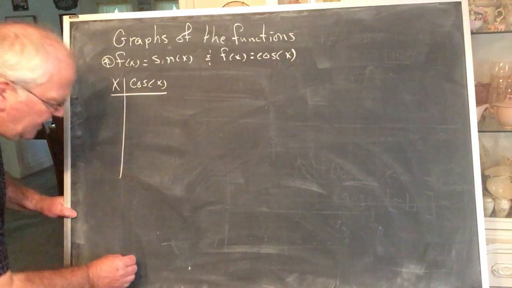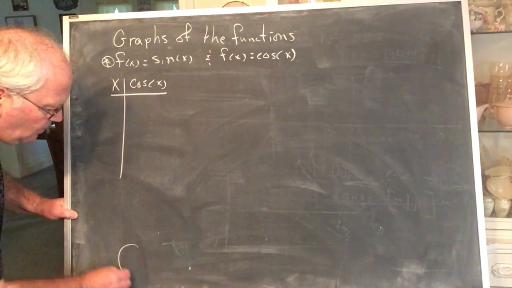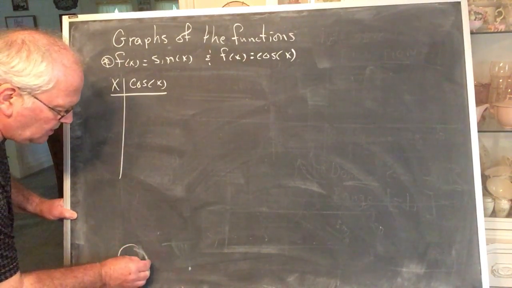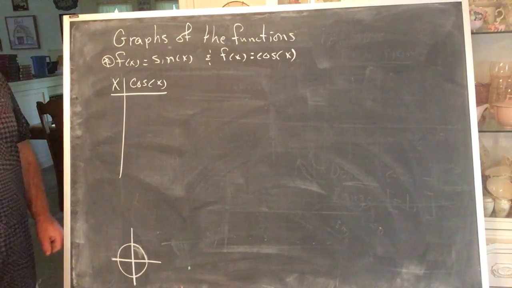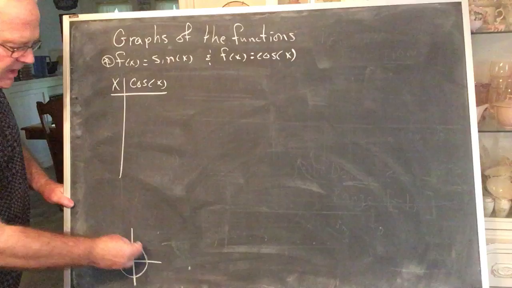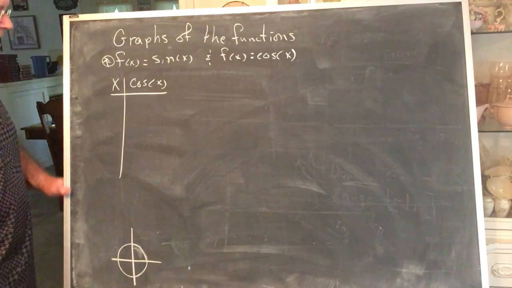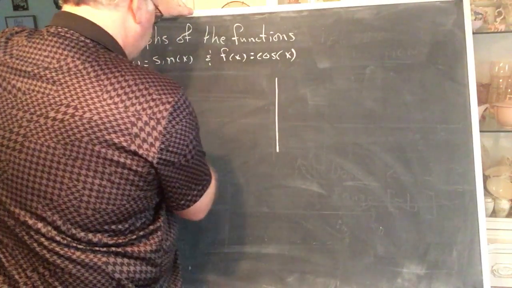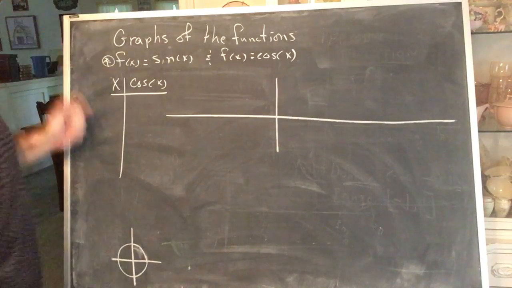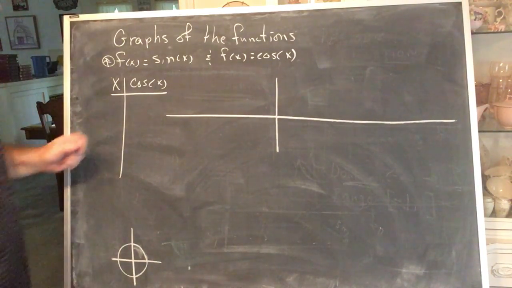Now, bear in mind again what's happening with cosine. With the unit circle, the cosine is the x coordinate. So if a point lies on the unit circle, cosine is the x coordinate. All right, so here is my coordinate system. As we've learned from before, let's go ahead and start with what we know.